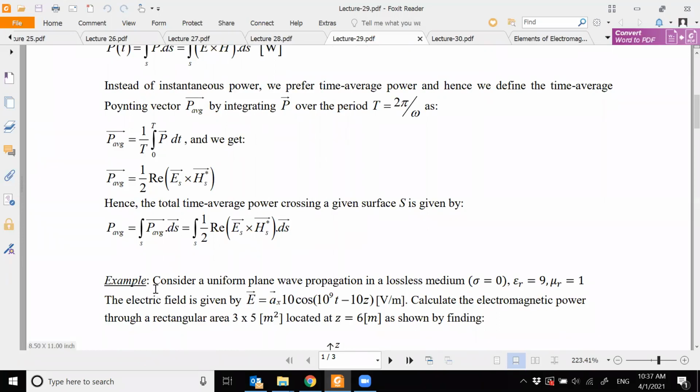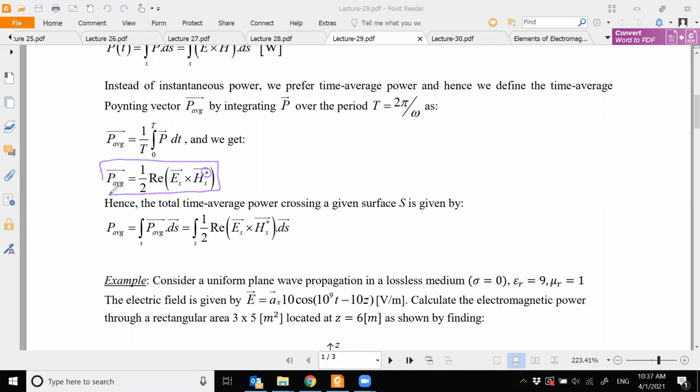See, conjugate. This is important. It is conjugate. So it's not new, because if you find the average power in electric circuits, this half will also come, half times VI. So here also it is half the real part of ES cross HS conjugate. This is the average power.